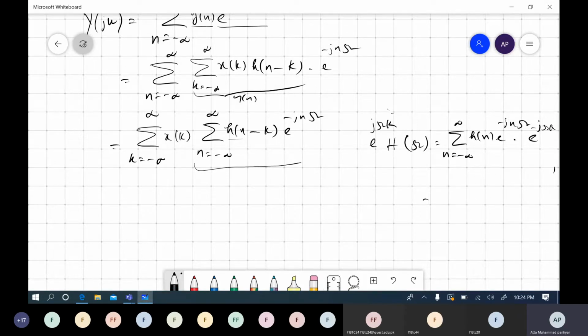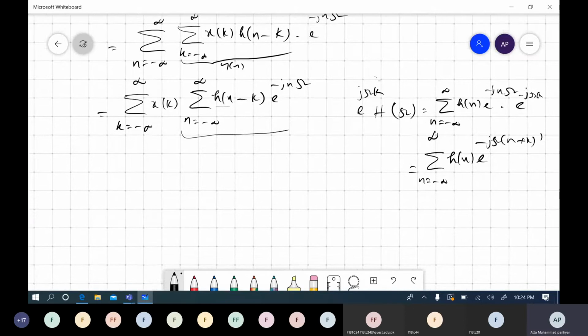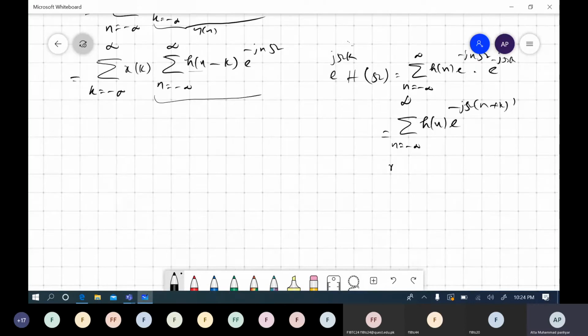This must be equal to the summation n from minus infinity to infinity, h of n e to the power minus j omega n plus k, right? Now let's assume that our n is equal to n plus k.